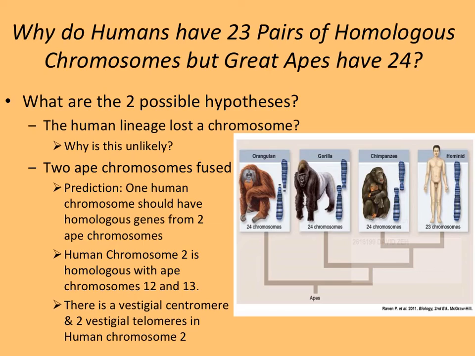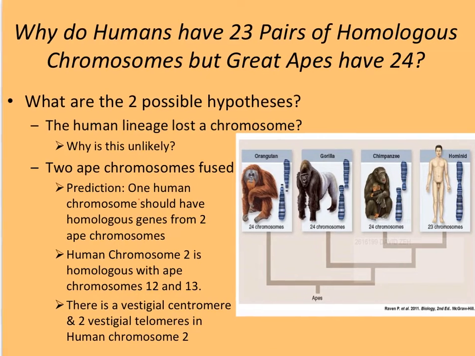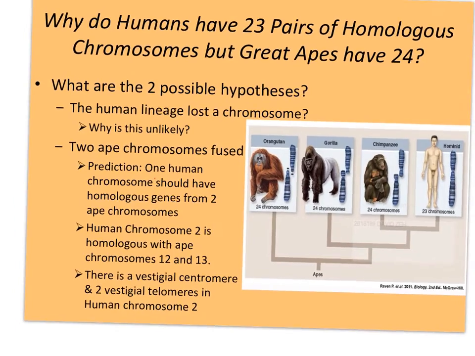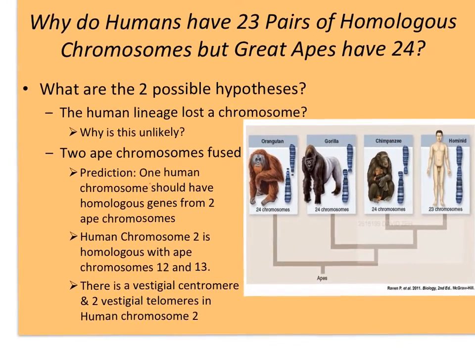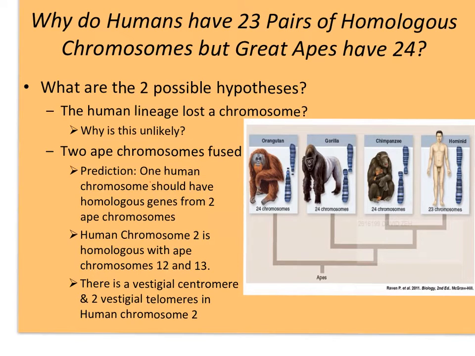Now, there's something interesting here. Okay. Humans, we have 23 pairs of what are called homologous chromosomes. Homologous chromosomes means that we're diploid, okay? Well, everything in here is diploid, but it means that we actually have 46 chromosomes. We have 23 pairs, and in each pair there's one from mom, one from dad, okay?